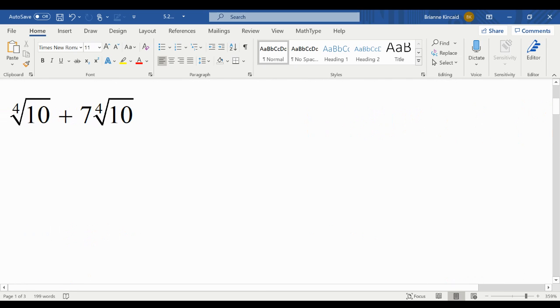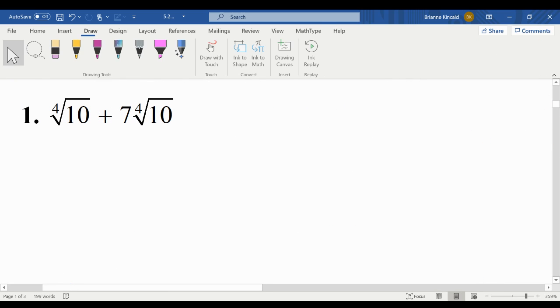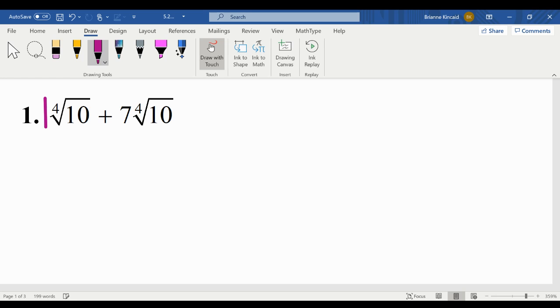So looking at this first example, I have the fourth root of 10 plus 7 fourth root of 10. So it's basically like saying you have 1 fourth root of 10, you add 7 more to it, gives you a total of 8 fourth roots of 10.